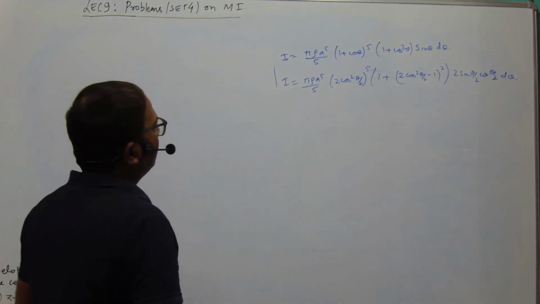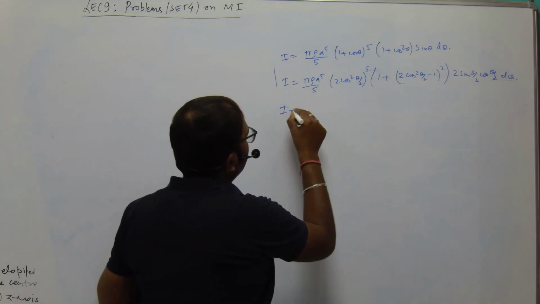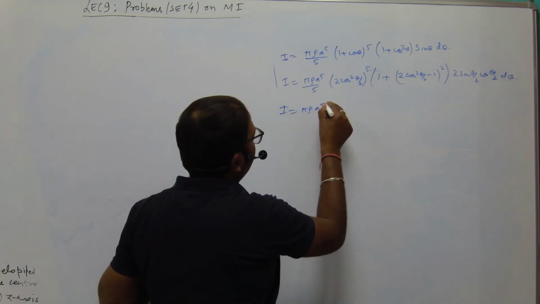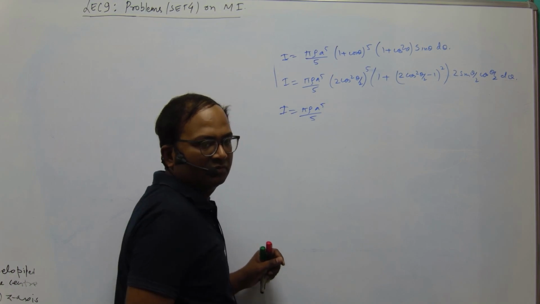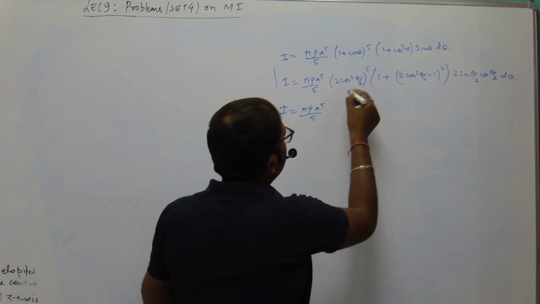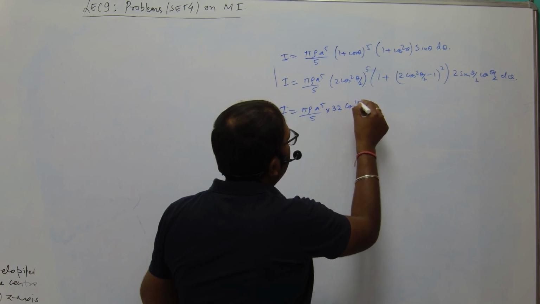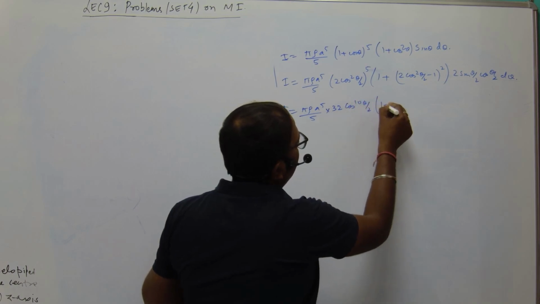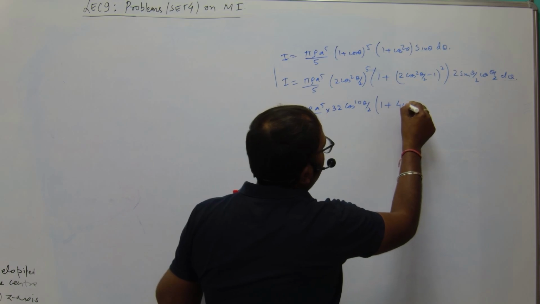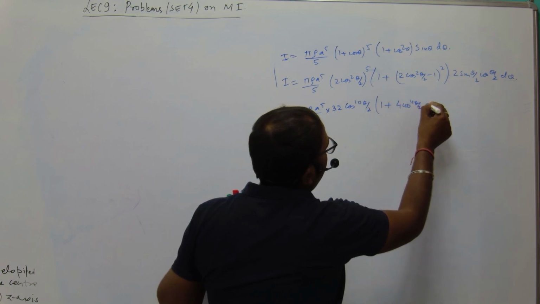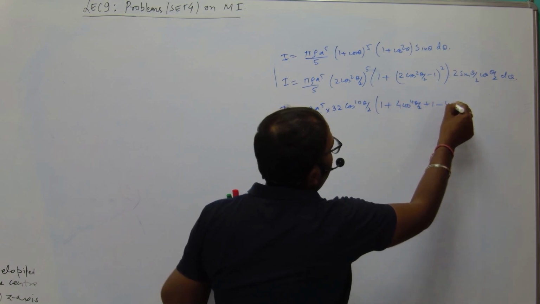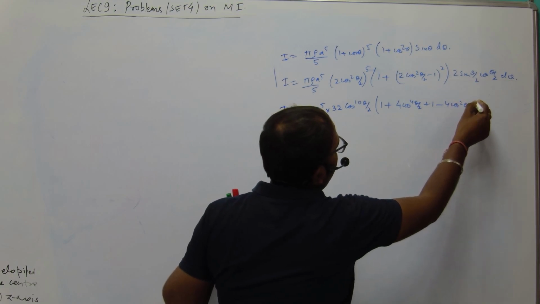So we have the value of I as I is equal to pi rho a^5 upon 5 into, this is 2 to the power 5 is 32. This is cos 10 theta by 2 into 1 plus 4 cos 4 theta by 2 plus 1 minus 4 cos square theta by 2.